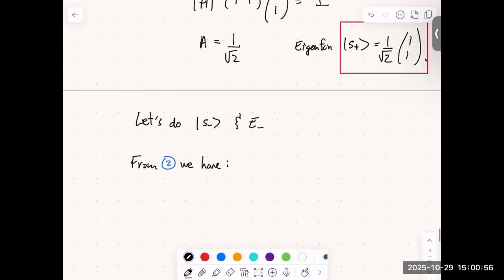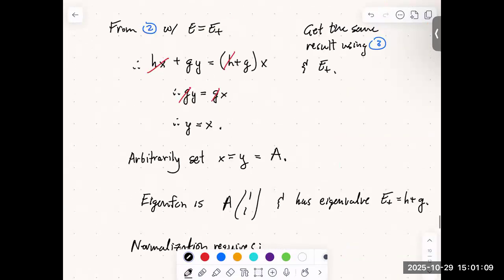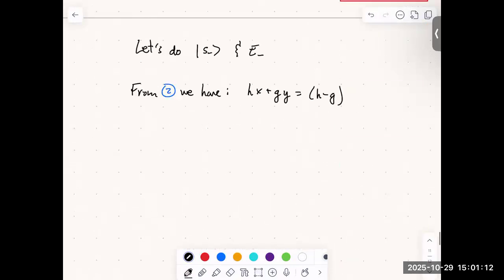So hx plus gy was equal to E minus, which is h minus g, and then it's times x, right? Yes.